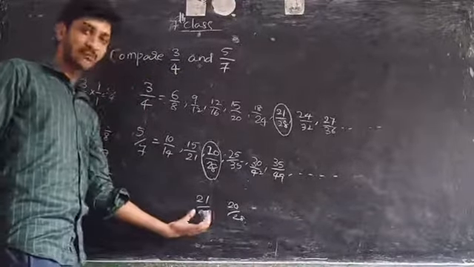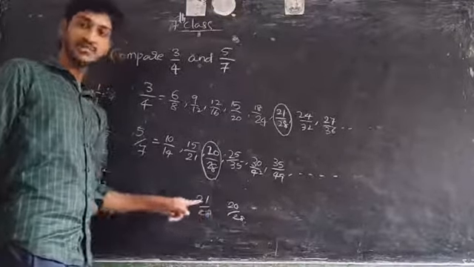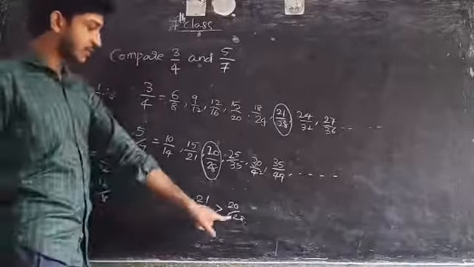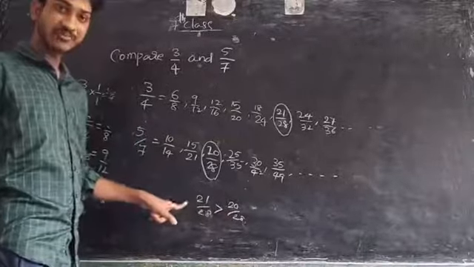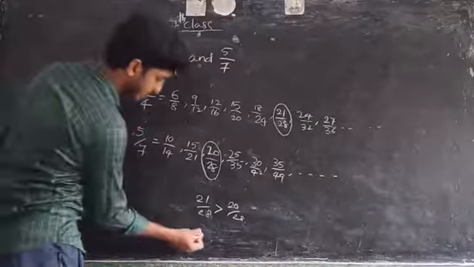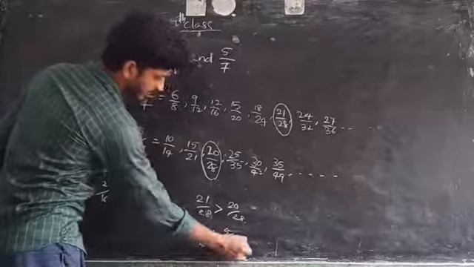So now exclude denominators and compare numerators. 21 and 20. Which one is greater? 21 is greater. So 21 by 28 is greater than 20 by 28. 21 by 28 means 3 by 4. So 3 by 4 is greater than 5 by 7.